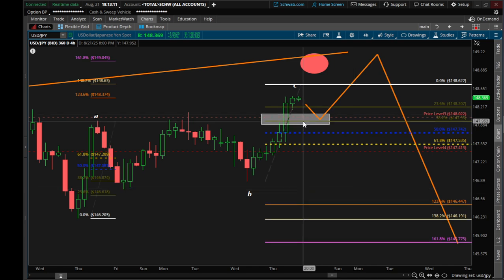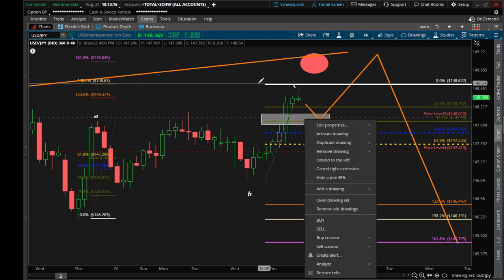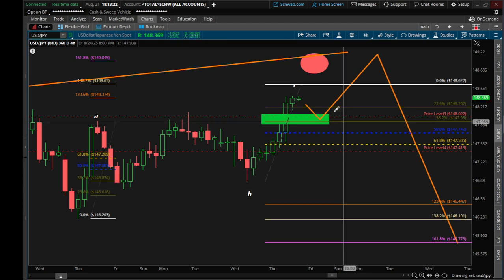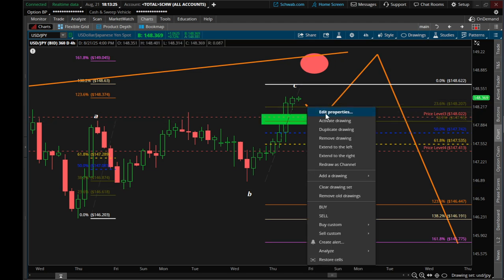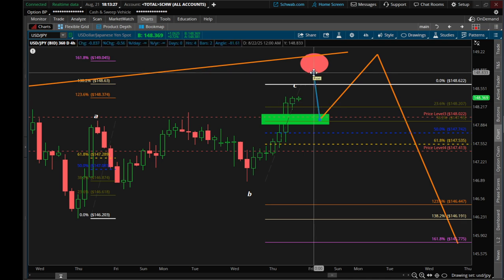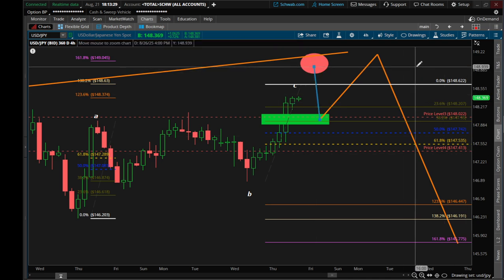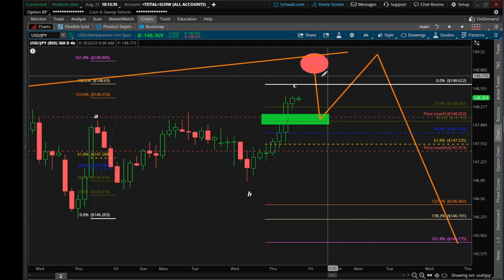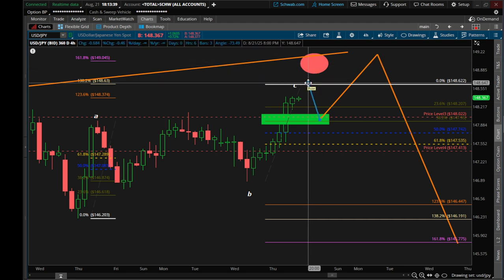And this green. Okay, so let me move this here. I think, well, no. I think we're going to do that.